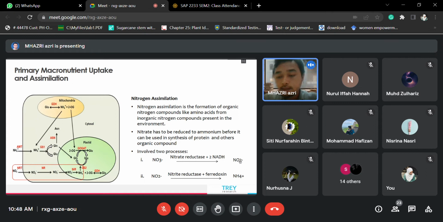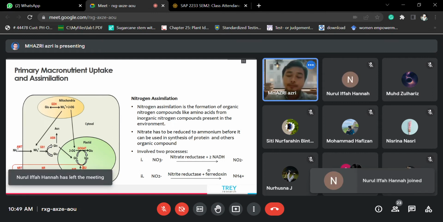So this nitrite dissolves in water because it travels through the xylem. Xylem is tissue that transports water. So this nitrite dissolves as nitrous acid. Okay, and then nitrite will be reduced to ammonium by nitrite reductase and ferredoxin. Okay, so this process requires 6 ferredoxin ions. Okay, it will produce 2 water molecules and produce 1 ammonium.